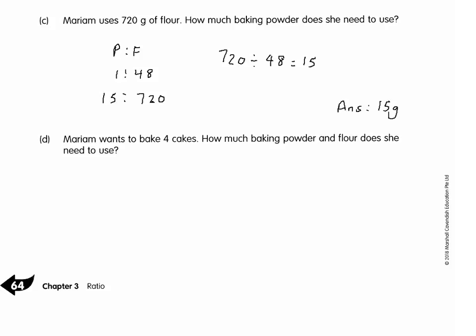To get one cake, you actually need to add 5 plus 240 and you get 245. And this is for one cake. So 4 cakes is 245 multiplied by 4. And what do you get? 980. So remember ANS 980 grams.